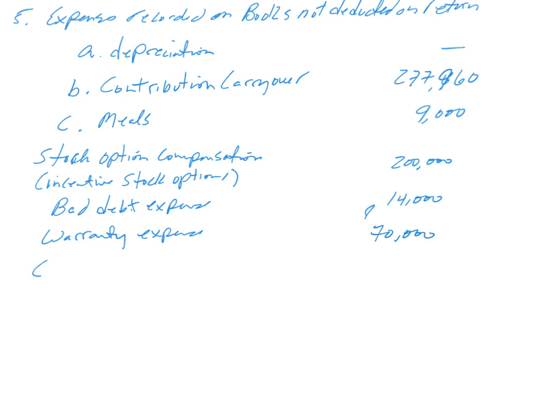And then we had, so really once you do your book to tax adjustments from Part A, you just have to know where to go with those things, how to organize those things for your M1.